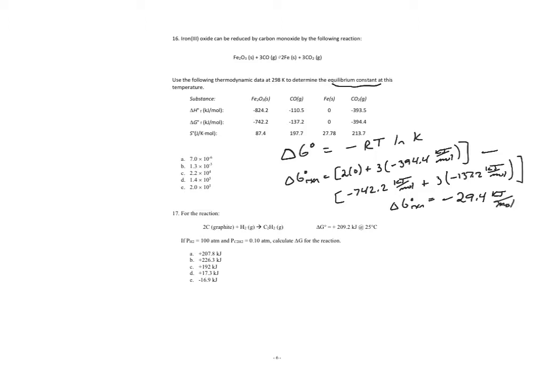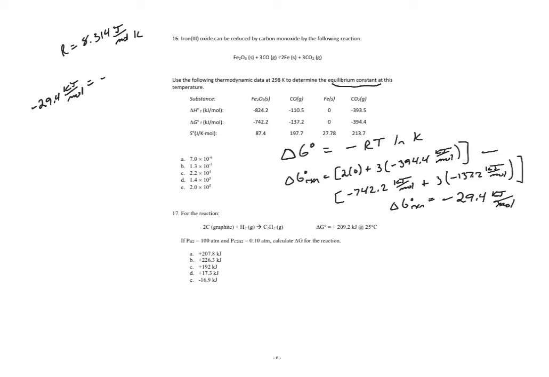We can plug that in on the left-hand side of our equation, and now we can just solve for K in this reaction. So negative 29.4 kilojoules per mole is equal to negative R, and R is 8.314 joules per mole Kelvin.